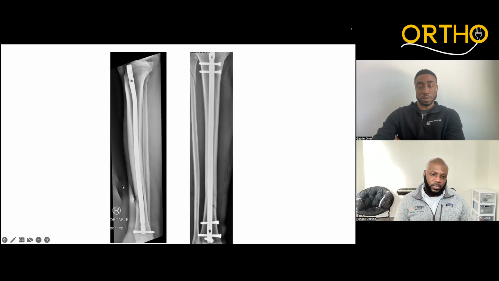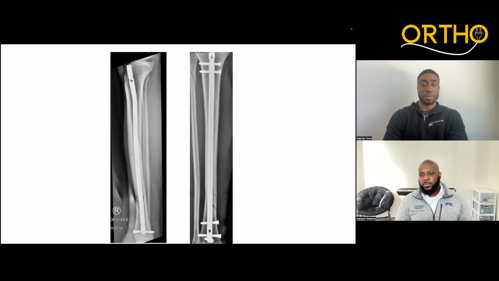However, because of the distal nature of this distal third fracture, you're not necessarily worried about that. Wherever your entry site is, the nail will be able to adequately allow for reduction and maintenance of that reduction.